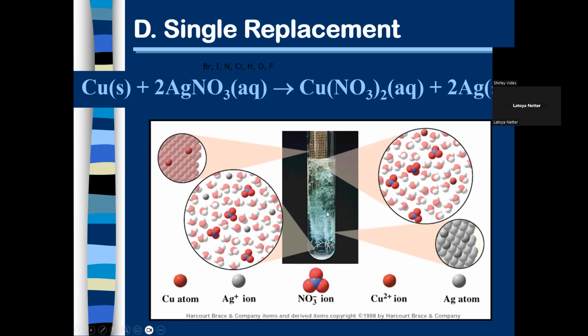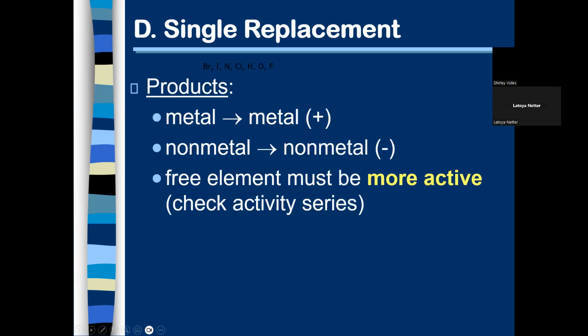That's why you see all these little long things. Those are silver, pure silver right there, silver ions being displaced. So that's what you always know. The metal is going to replace a metal, and a non-metal is always going to replace a non-metal.